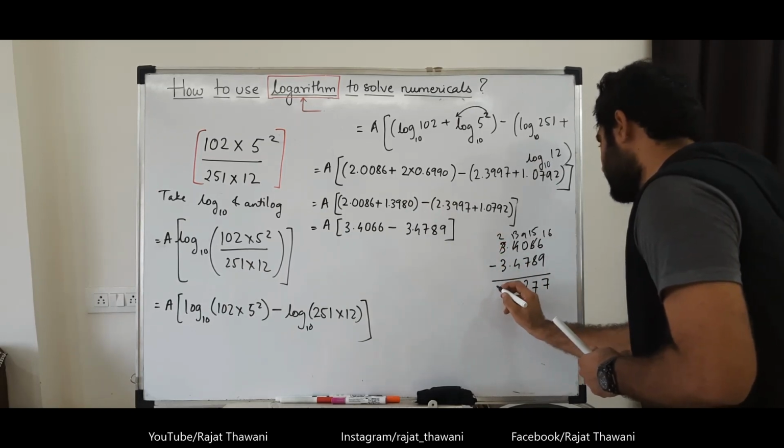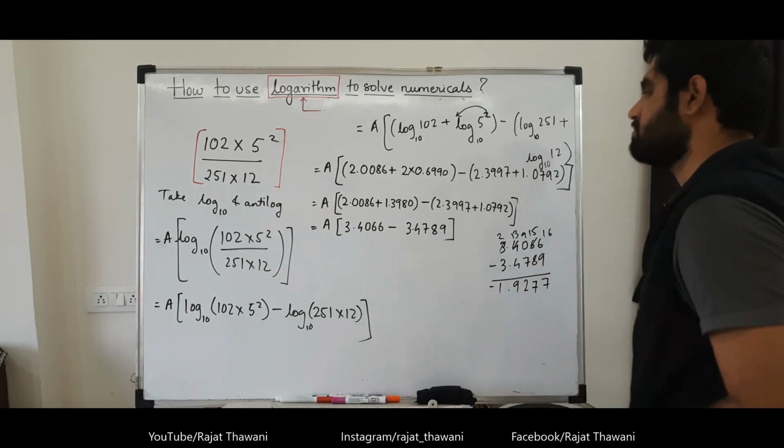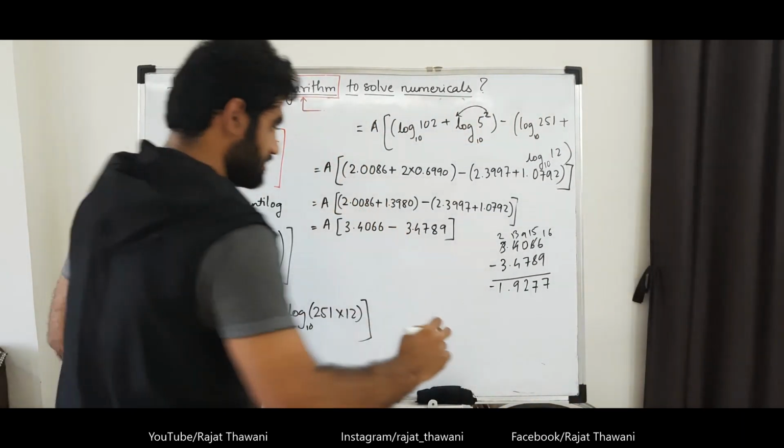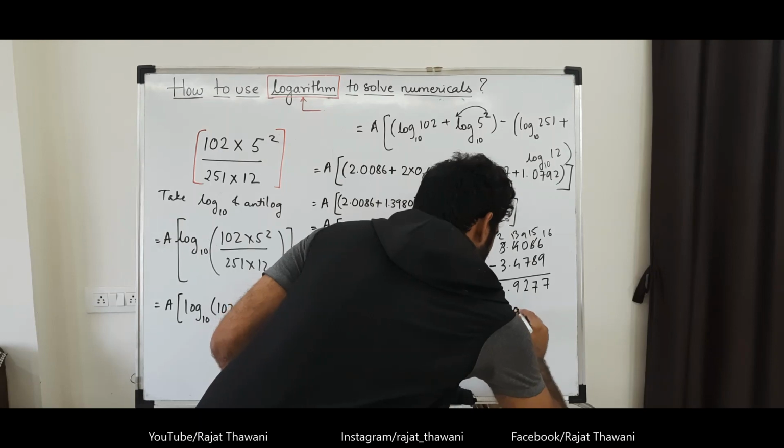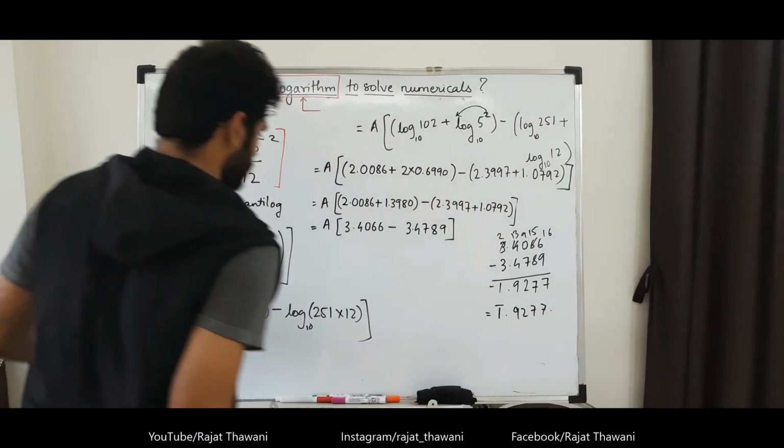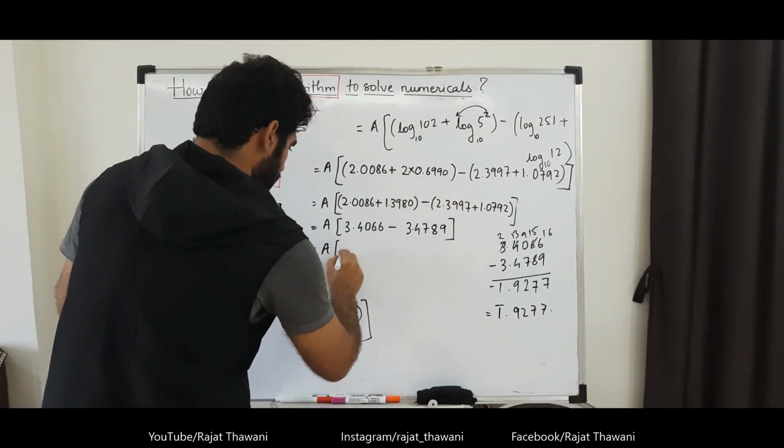So 2 minus 3, minus 1, right? Minus 1 is indicated as bar 1. Remember bar 1. So it is bar 1.9277. Therefore it will be antilog of bar 1.9277.